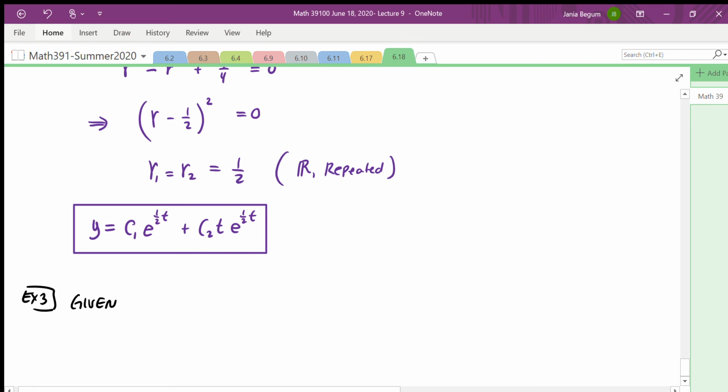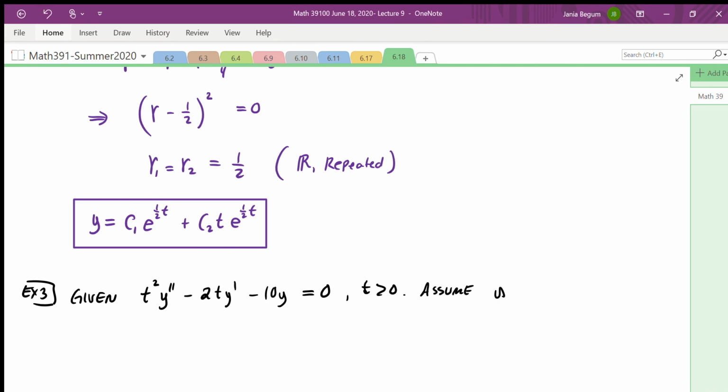Given t squared y double prime minus 2t y prime minus 10y equals 0 for t greater than 0, assume y1 is equal to t to the 5th power is a solution.